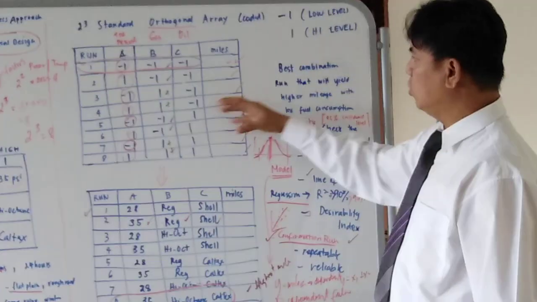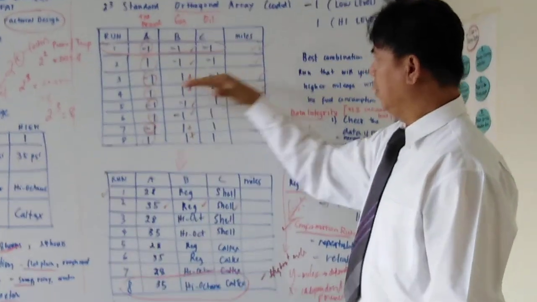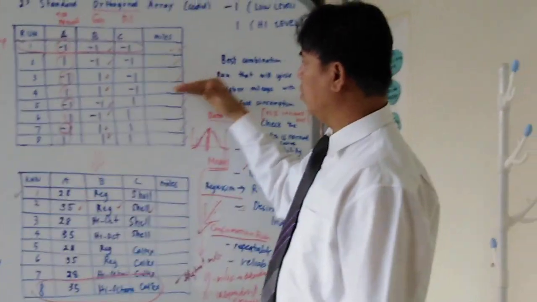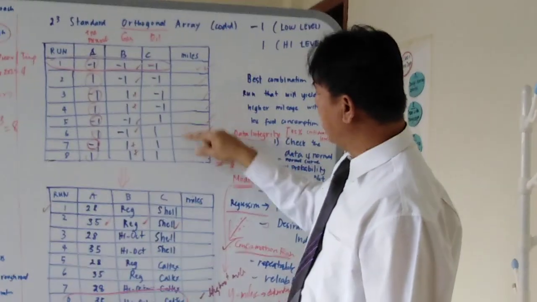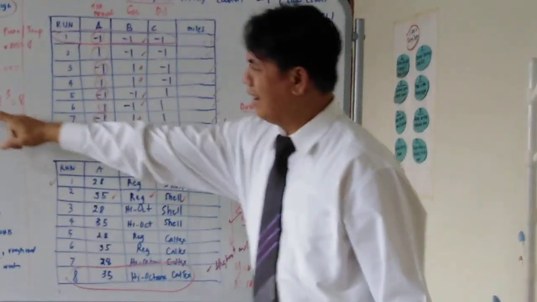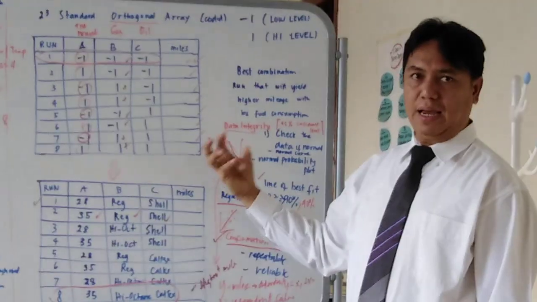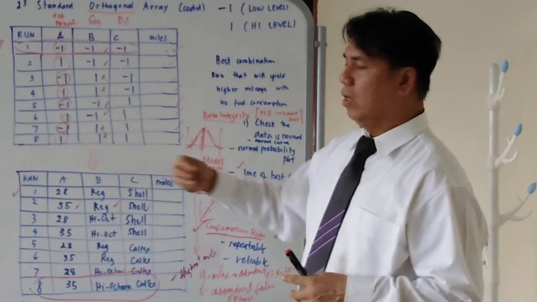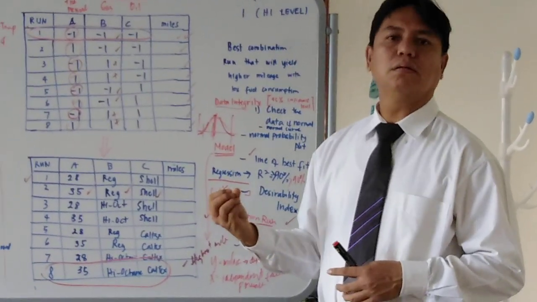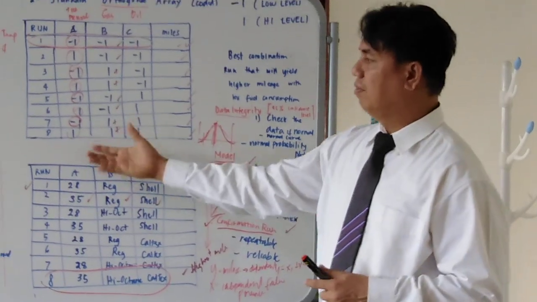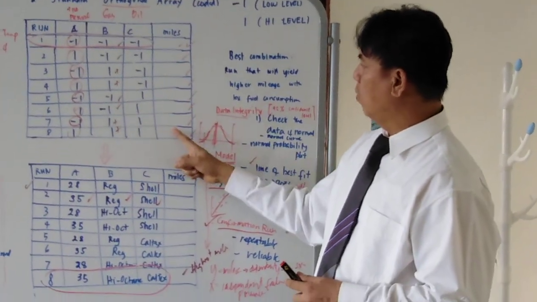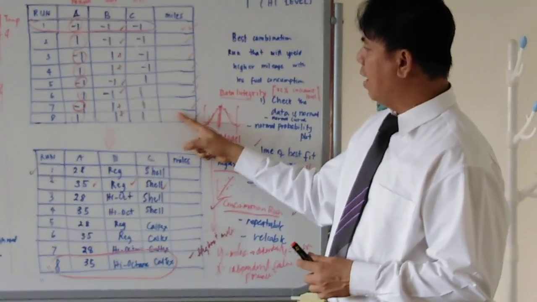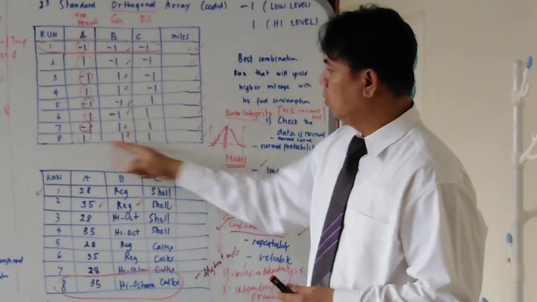So when we run each one, we can repeat it many times, and when we run this, we should see the best. The best in this kind of experiment is the highest mileage, or the longest distance it can travel using less fuel. That's our intention. And the highest mileage is produced by which combination?